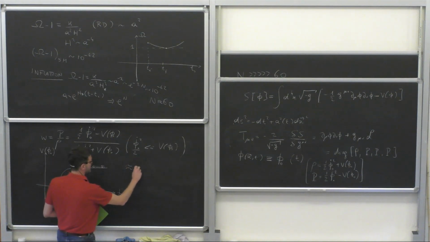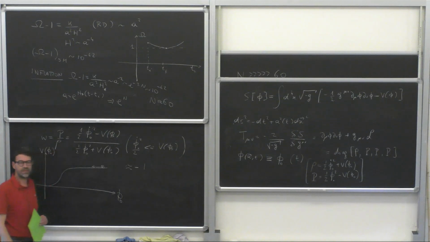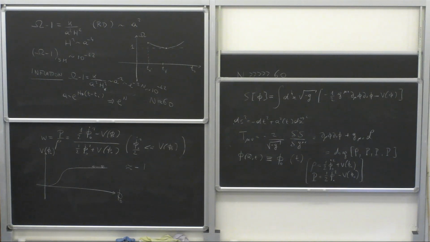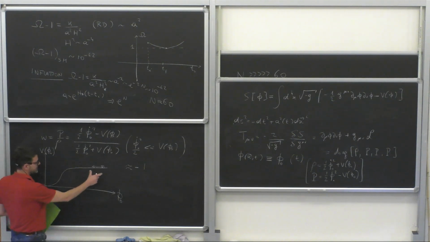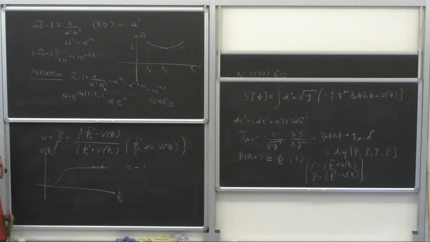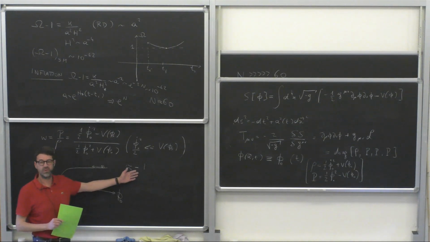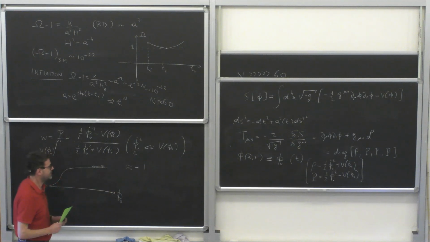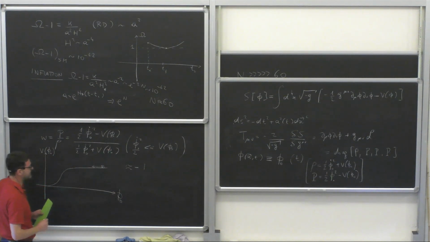This ratio becomes of order of -1. Okay? So with a simple scalar field, whatever it is, as long as the potential of this inflaton field is probing a region where the potential is extremely flat, the effective equation of state, which depends of course on time, is roughly equal to -1, which is exactly what we want. During this period, as long as this ratio is close to -1, inflation will take place.